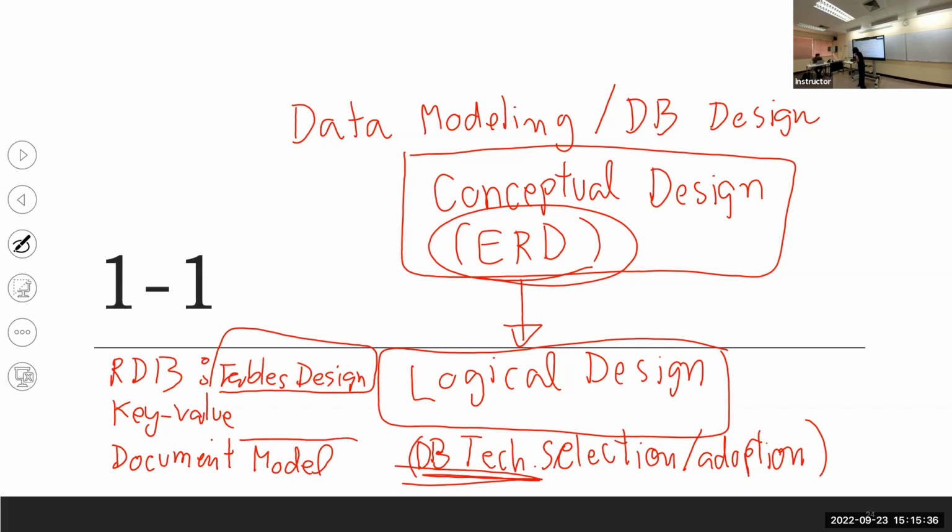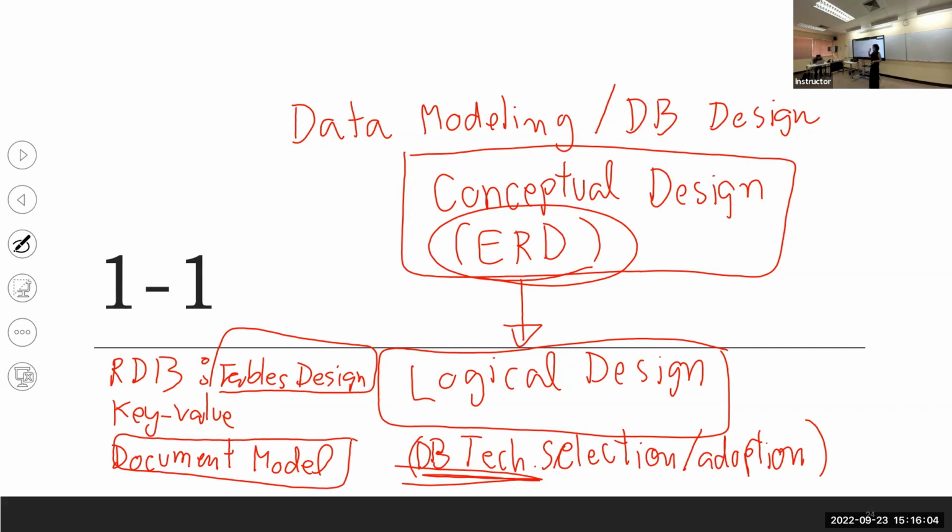You choose the document model, you will design how you would store your data in JSON. If you choose key value, you need to think what is the key, what are the embedded values. Can it really handle the complexity of your data structure? If not, of course, it's not the right technology to choose for your complex scenario.